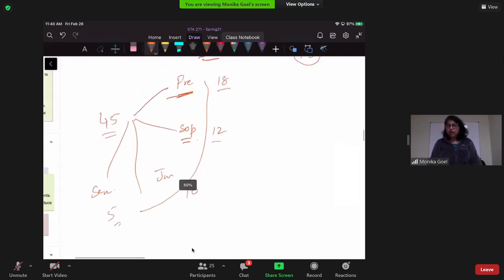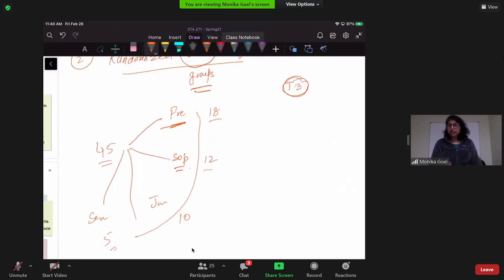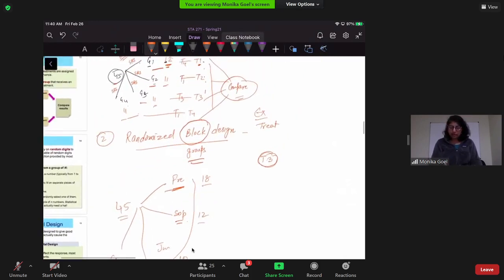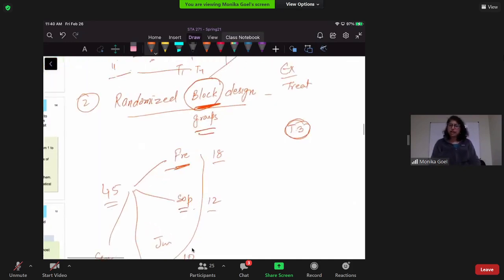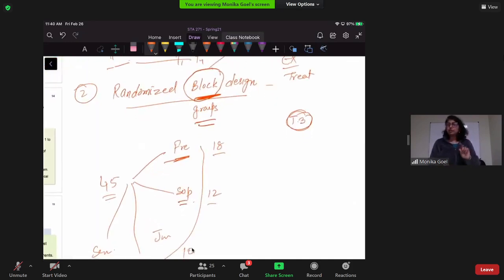So if I'm giving 3 treatments, in a completely randomized design, you give 1 treatment to each group. But when we talk about block design, we give all the treatments to each block. So when I'm talking about this, I am going to make 1, 2, 3 groups here: group 1, group 2, group 3.